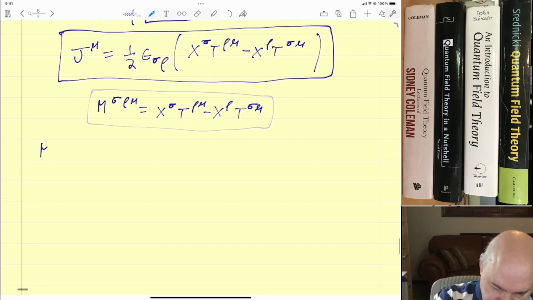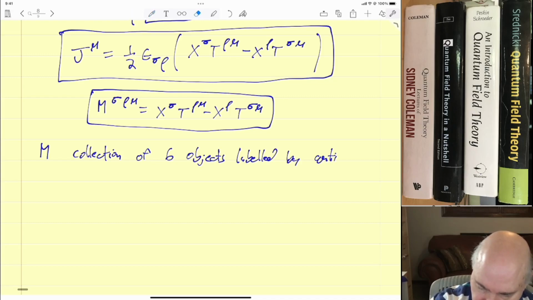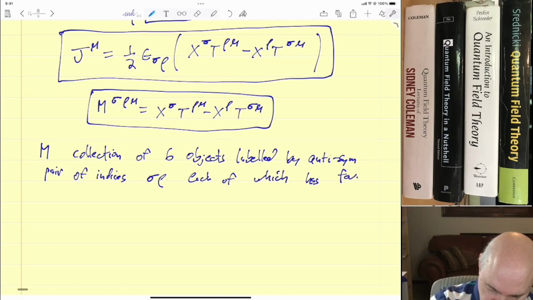And so M is a 3-index tensor, but it's really a collection of 6 objects labeled by the antisymmetric pair of indices sigma and rho, each of which has 4 space-time components, labeled by mu.